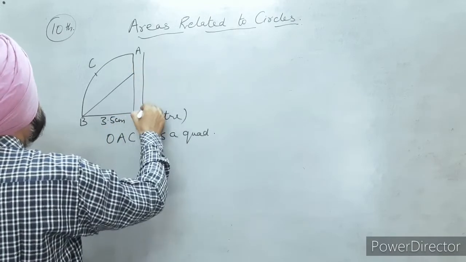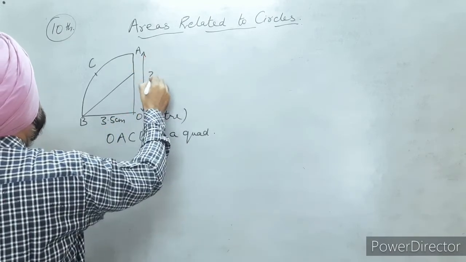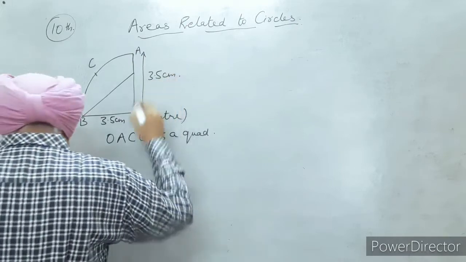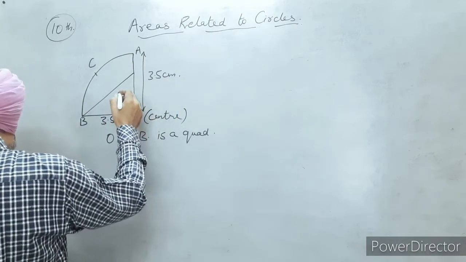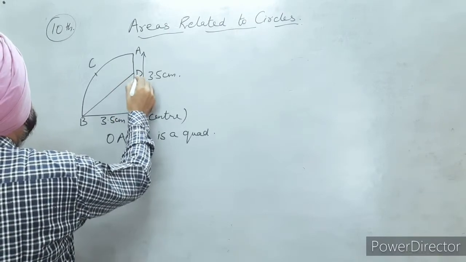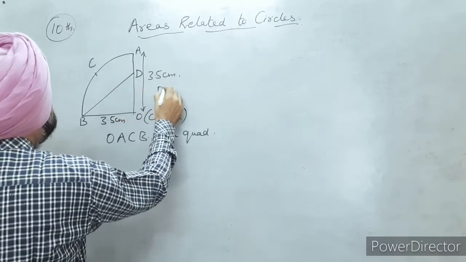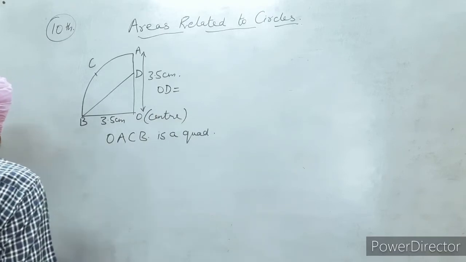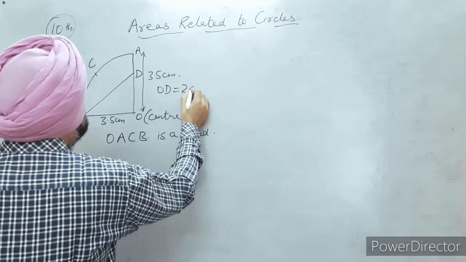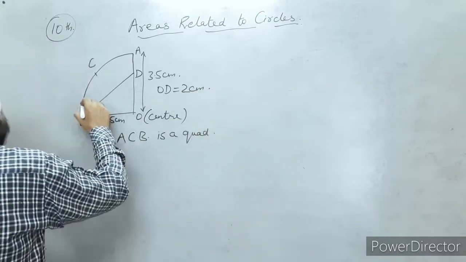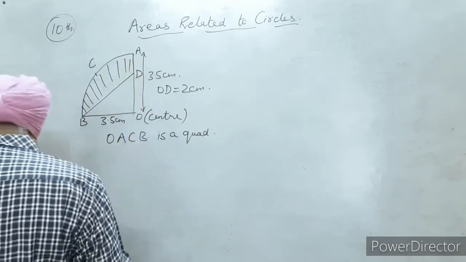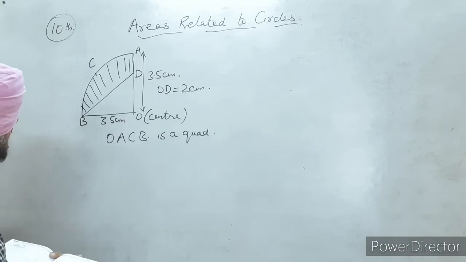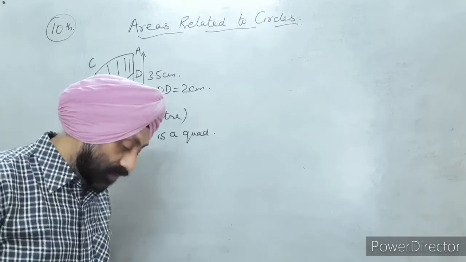This is again 3.5 centimeter. OD is 2 centimeter, this is given to us. This is D. So OD is given as 2 centimeter. What we are required to do is find the area of this shaded region and the quadrant OACB.